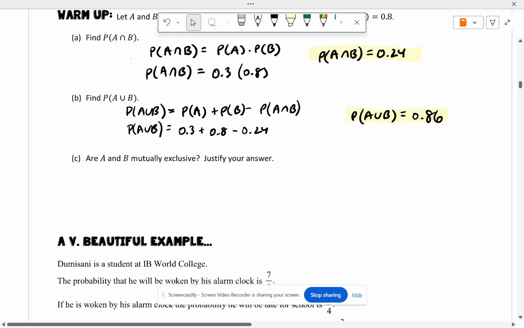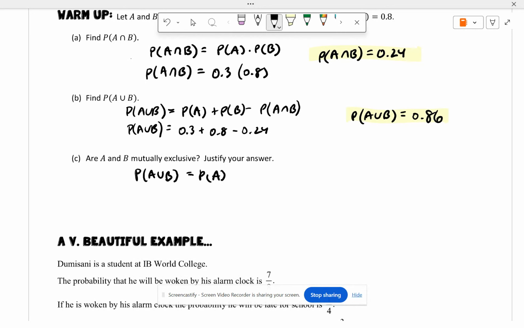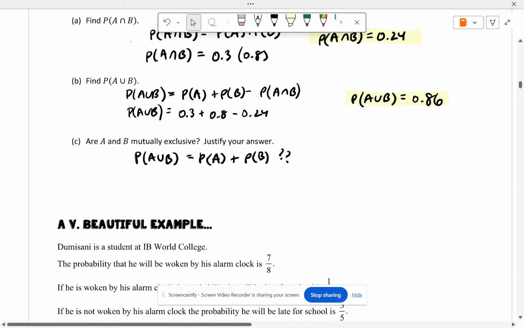Are A and B mutually exclusive? Justify your answer. Can anybody tell me the formula that we would use to prove mutually exclusive? Probability of A or B equals probability of A plus probability of B. Good, and you're trying to prove it. So let's put a little question mark there. Are they equal? And then we can check it out, right?